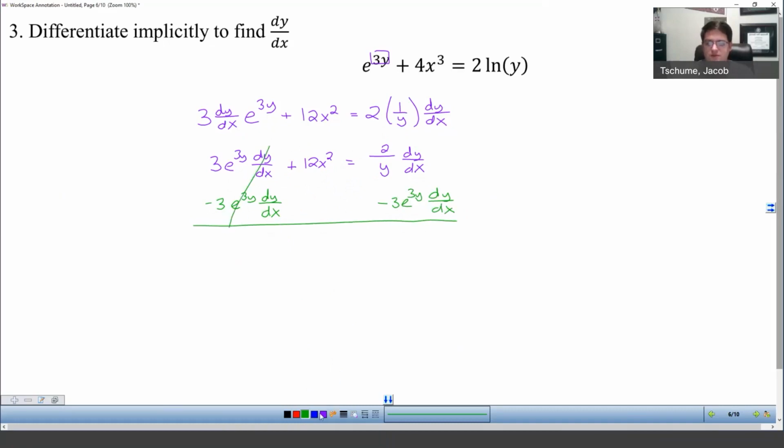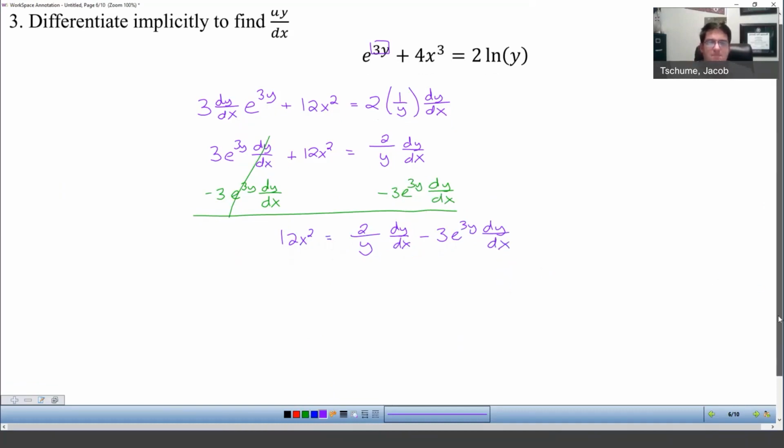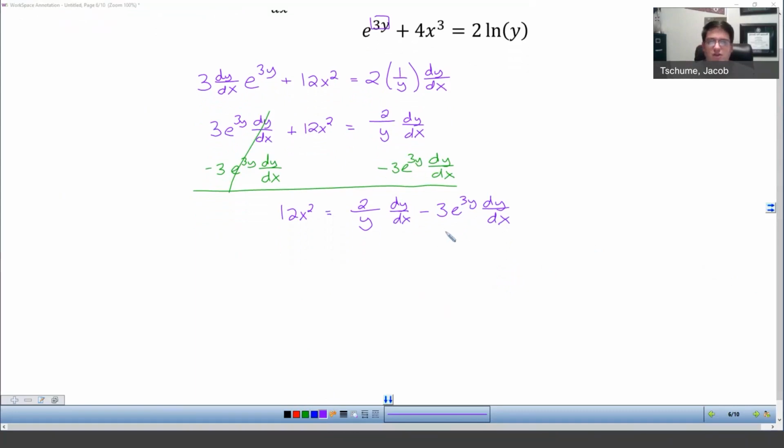This cancels, and you're left with 12x squared equals 2 over y dy dx minus 3e to the 3y dy dx. To make multiple dy dx terms into one, we're going to factor it out. So the 12x squared on the left is not going to change.